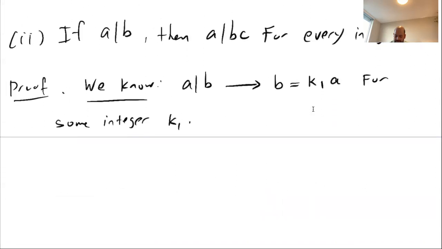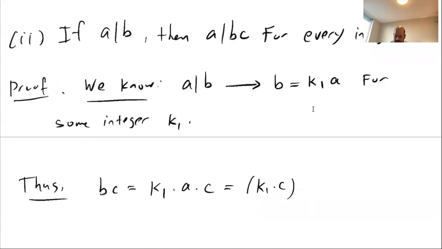So then BC is equal to K1 times AC, which is the same as K1 times C times A. The multiplication of numbers is, of course, commutative.